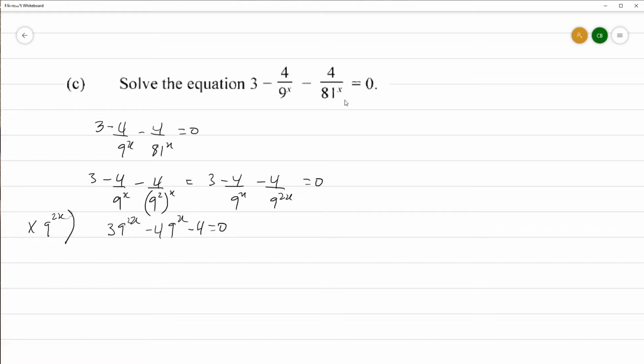Let's remove these 9 to the x and probably use a variable that is a little more comfortable for us to work with. So let's say let y equal to 9 to the x.